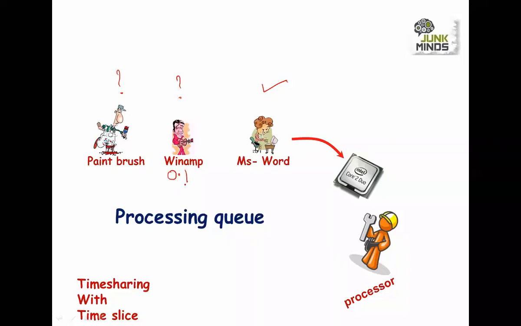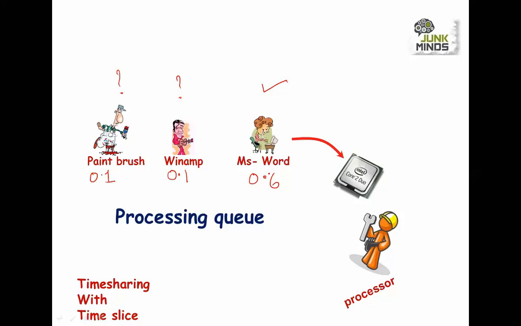For computers, this is very big. Suppose the time required for Paintbrush is also 0.1 seconds. Suppose MS Word is doing more work, and needs 0.6 seconds to get its job done. Now understand, for Winamp to get its job done, which needs 0.1 seconds, it has to wait for 0.6 seconds. So the total amount of waiting time and processing time is 0.7 seconds.